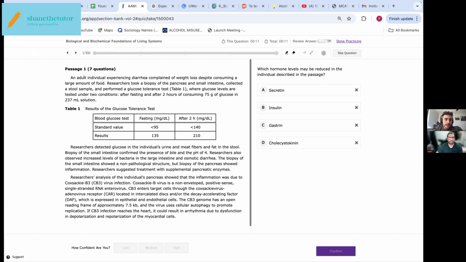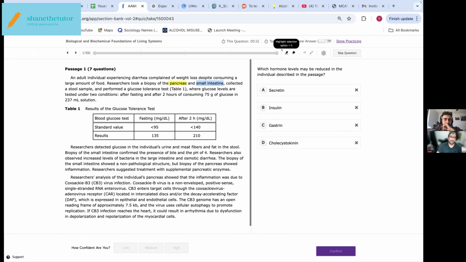All right. An adult individual experiencing diarrhea complained of weight loss despite consuming a large amount of food. Researchers took a biopsy of the pancreas and small intestine. I usually highlight certain body parts.